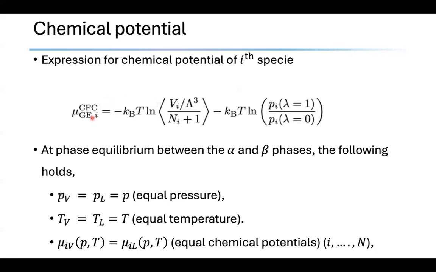And the expression for the chemical potential of a component is given by this expression here. Note that the key parameter here is the probability of lambda in box I for component I, and that's the ratio of the probabilities at lambda equal to 1 and lambda equal to 0.